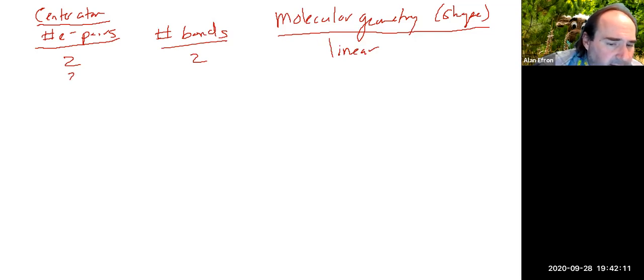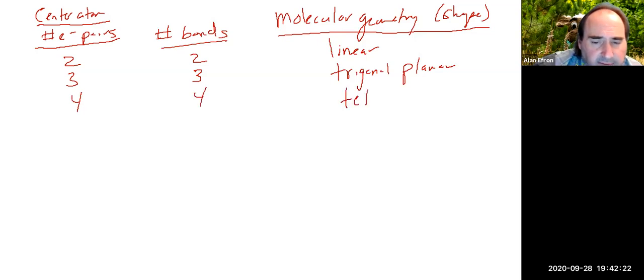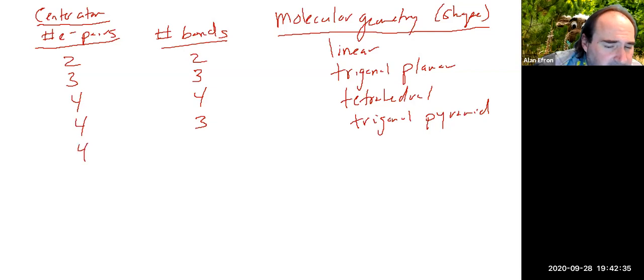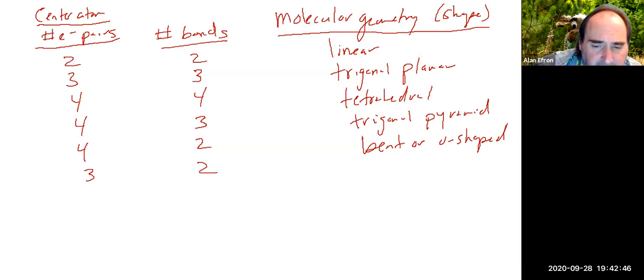Something with 3 electron pairs and 3 bonds is trigonal planar. Something with 4 electron pairs and 4 bonds is tetrahedral in terms of the shape. Something with 4 electron pairs and 3 bonds is trigonal pyramidal, or pyramid. 4 electron pairs, 2 bonds is bent or V-shaped. And the one we just did, 3 electron pairs and 2 bonds, is angular. So that is definitely what you want to count and look at.